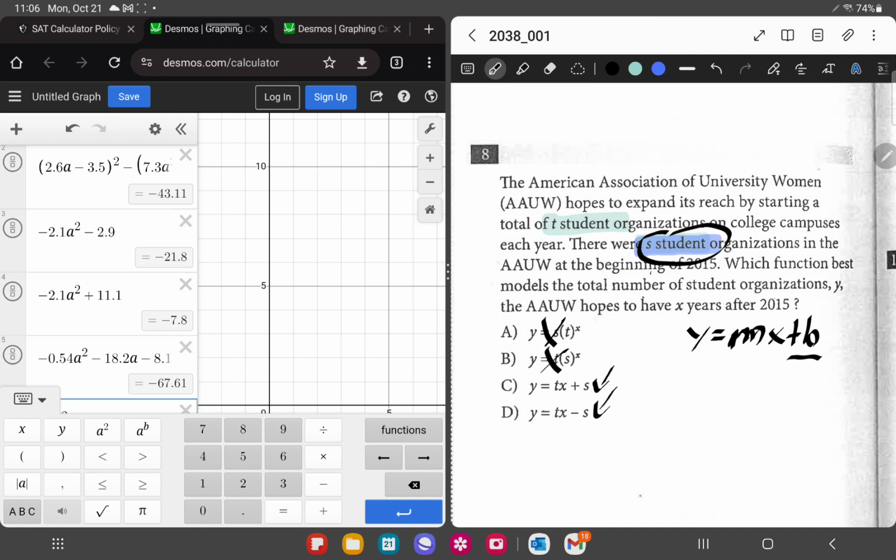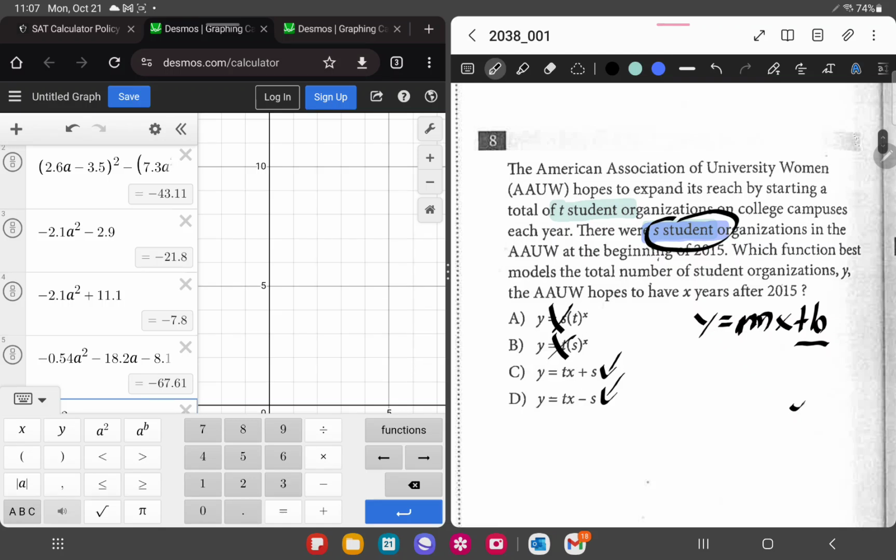Now, whenever we're talking about the total number of organizations, we want to see the total number, right? So in order to figure out the total number, we're actually going to have to add. Because if we don't, then we would be subtracting, and that wouldn't give you the total. That would give you whatever's extra, but you would not be including the first organization that you started with.